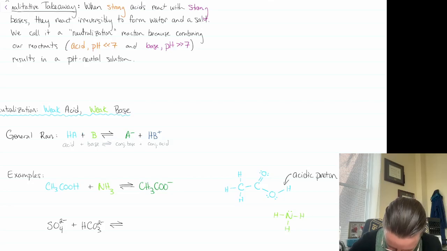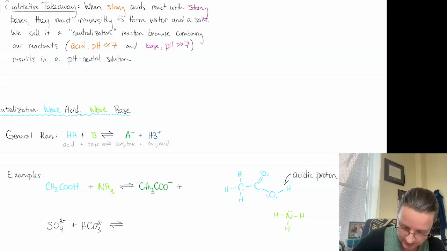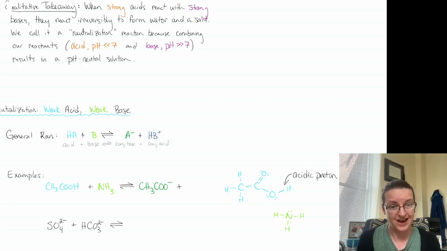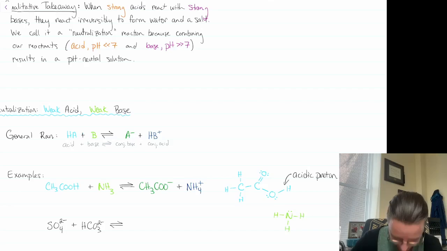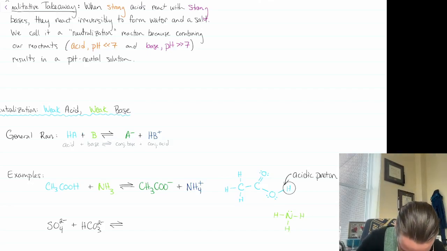For our other compound, NH3, if the product of this reaction is going to be its conjugate acid, the conjugate acid of NH3 is NH4+. In terms of our Lewis structures, this proton is going to leave and be bonded to our ammonia.